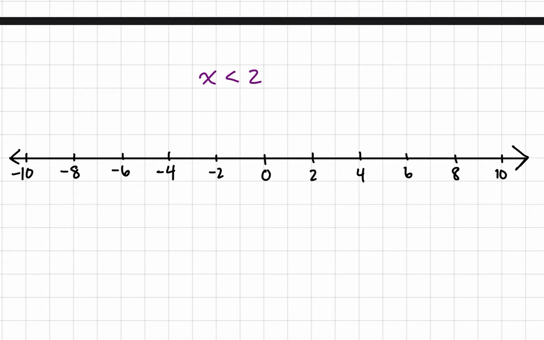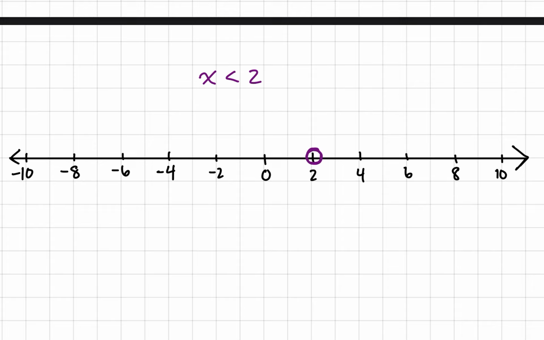Because this is less than 2, I'm going to put a circle around 2 on my number line because I'm not including 2. It's not equal to 2. It's less than 2. So every number up until 1.999999999, but we're not including 2.